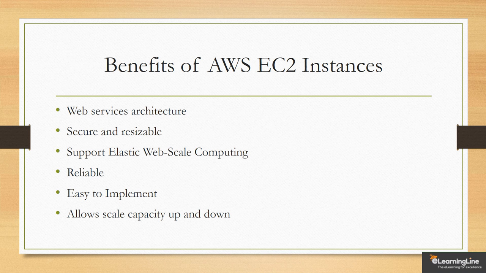You can just launch it at any time, right? Using this architecture. It is very much secure. So Amazon also supports multi-factor authentication, and we will cover this in detail when we look at the security lecture. Also, it's resizable.